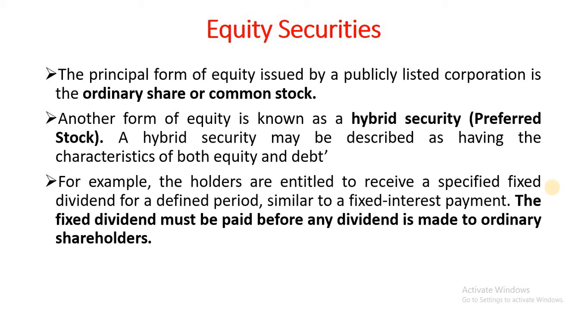In the meantime, preferred stock also represents ownership. So, preferred stock is a hybrid type of securities. The fixed dividend of preferred stock must be paid before any dividend is made to the ordinary share. And this is why preferred stocks are also known as preference share.